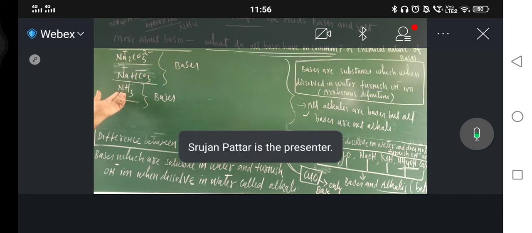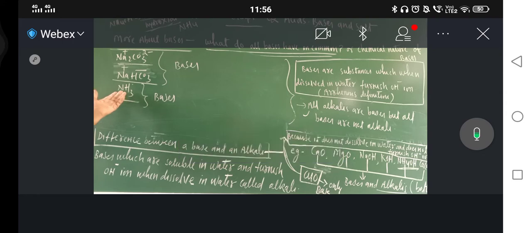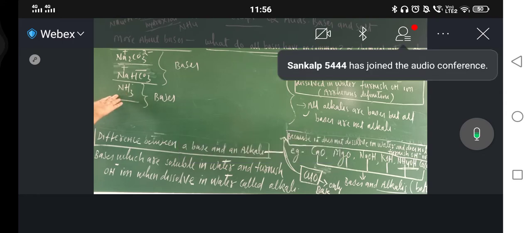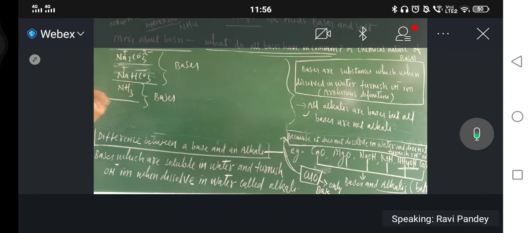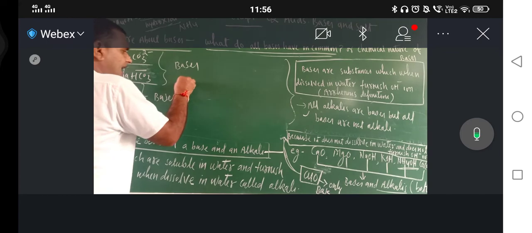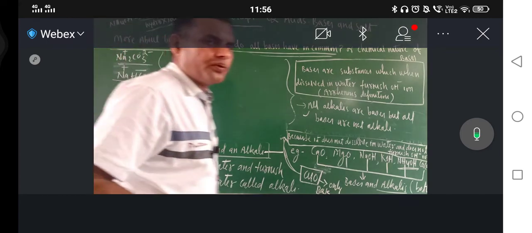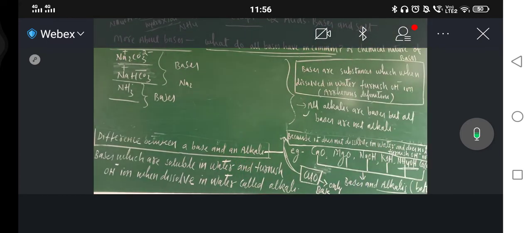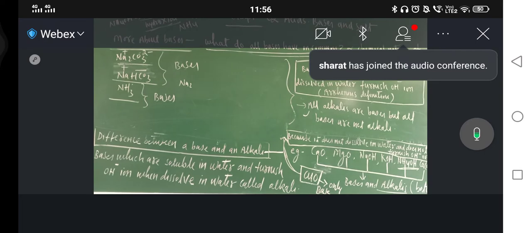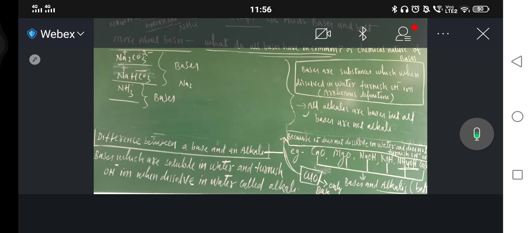Ammonia, NH3, does not contain OH negative ion. Where is OH in ammonia? Nowhere. OH is not there. But this is also a base. Why? I will tell you. Yesterday I told you that metallic oxides are basic in nature. Why? Because they react with water and form bases.